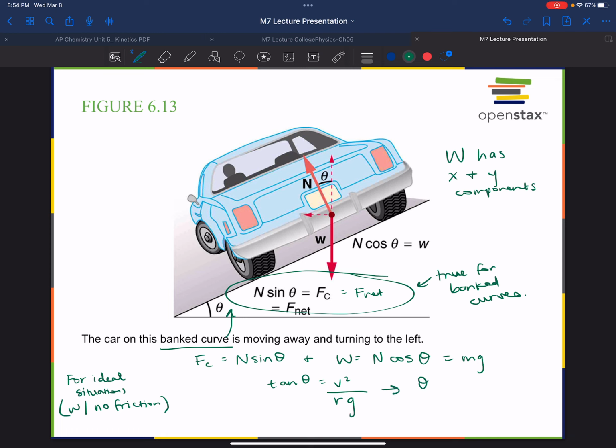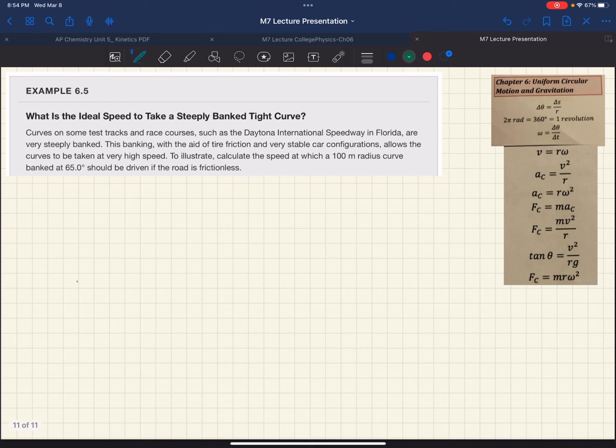Or if we need to figure out what that angle actually is, it would be the inverse tangent times v squared over rg. Okay, so that's a bunch of information for banked curves. We will quickly look at a problem, but this one's going to be a fairly simple problem now that we've outlined those two equations. And if you notice, the tangent equation is actually given to you on your equation sheet.